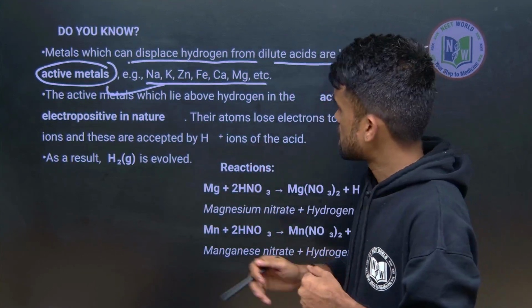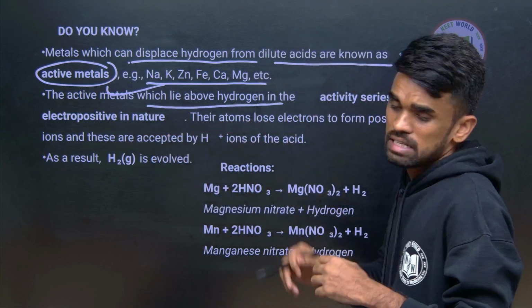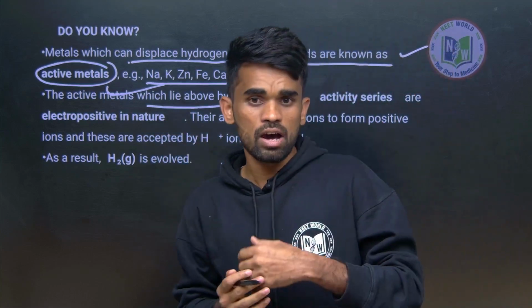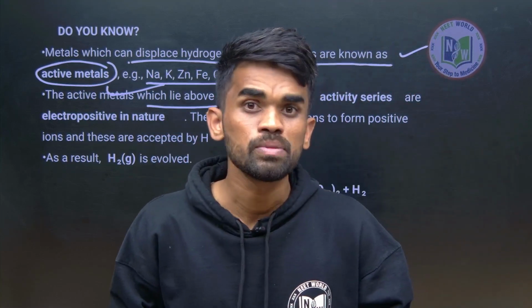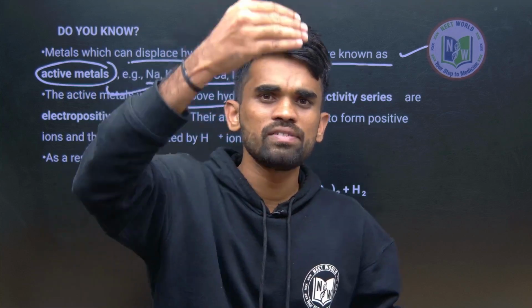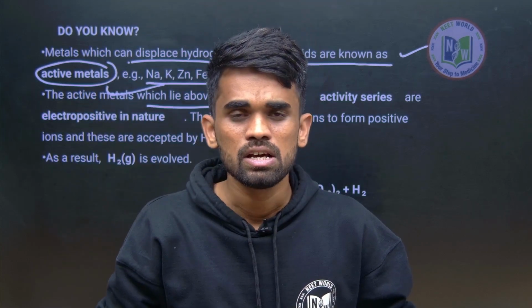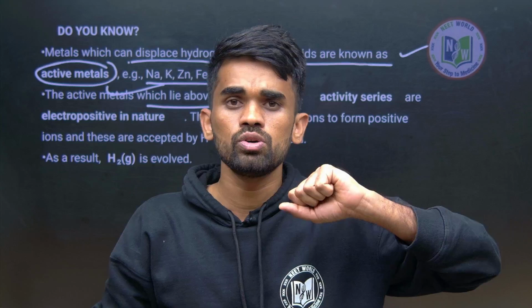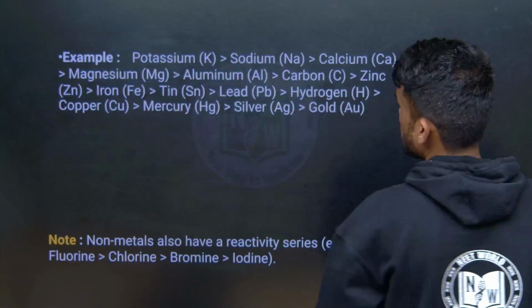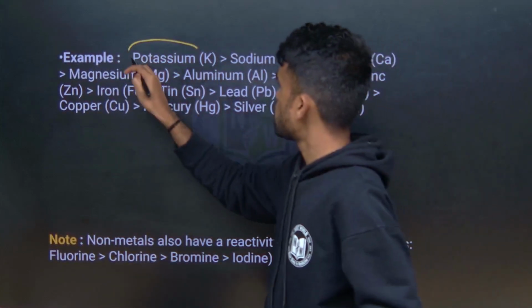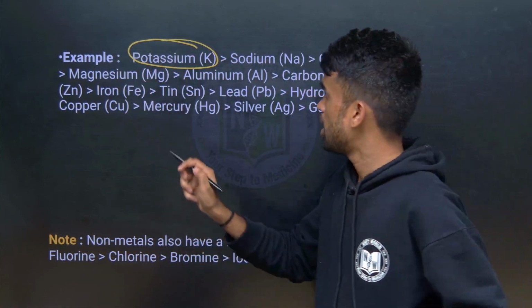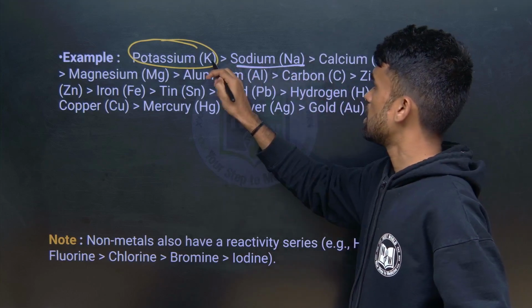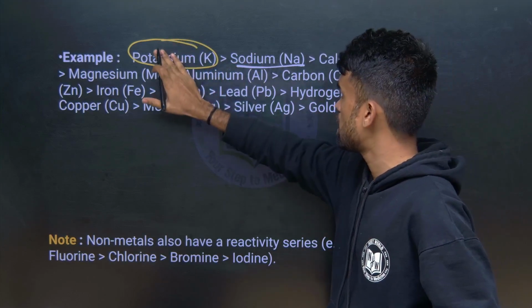Next, active metals, where do they lie? In the last sessions we discussed displacement reactions, and there I gave the reactivity series of elements. At the top I have shown potassium, which is highly reactive. Sodium is less reactive than potassium, so potassium is more reactive than sodium.